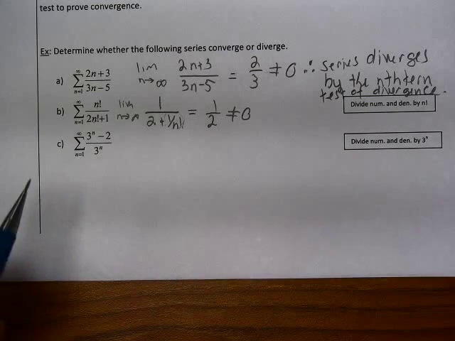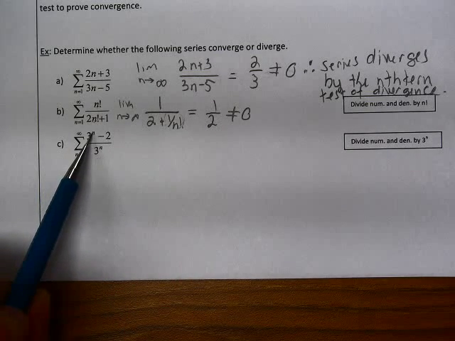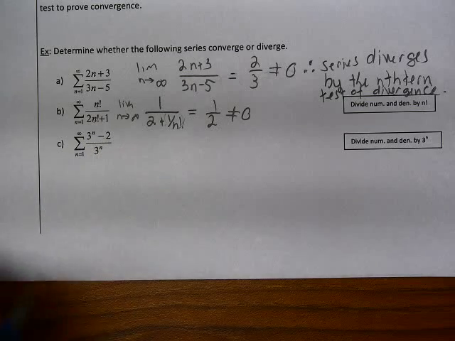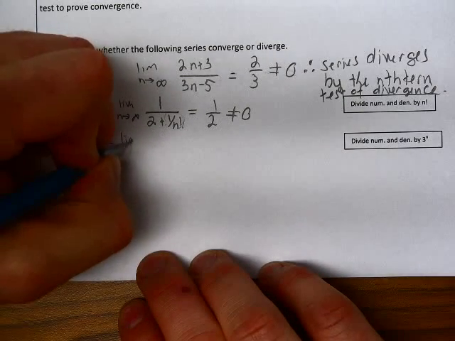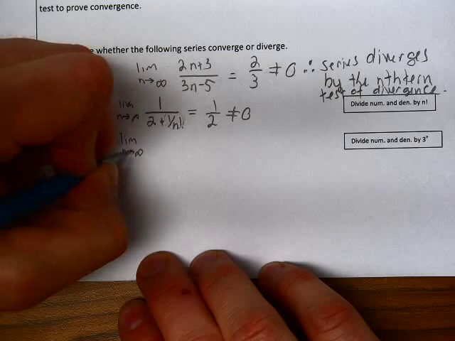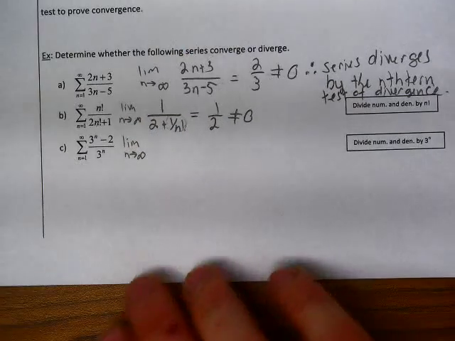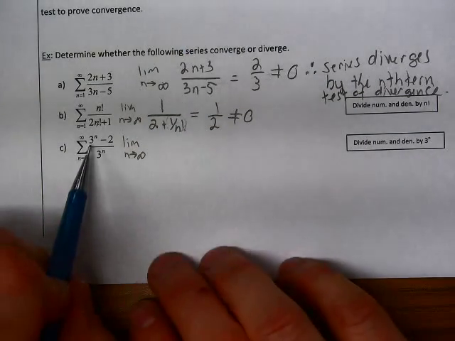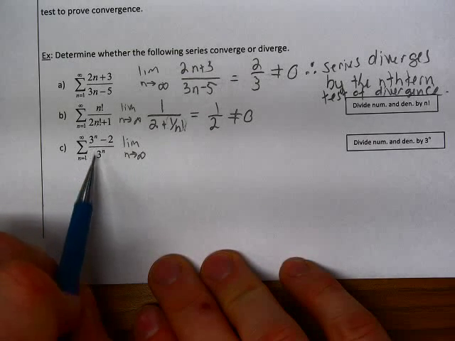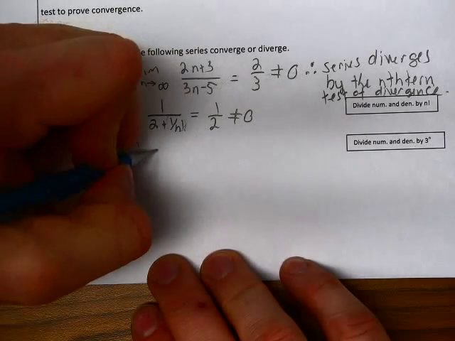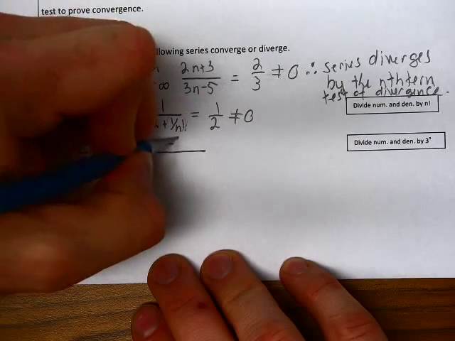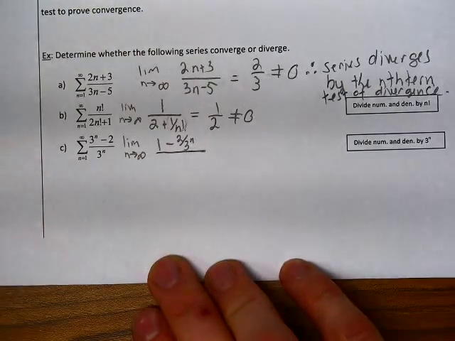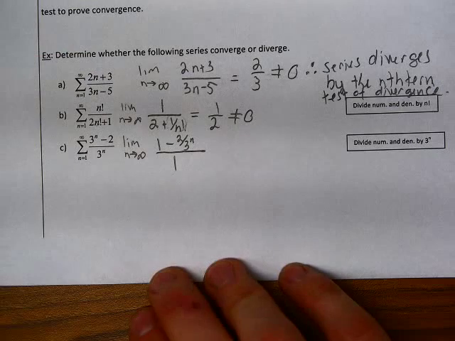The last example here is 3 to the n minus 2 over 3 to the n. So I'm going to take the limit of the nth term here. To solve this one, I'm going to divide both numerator and denominator by 3 to the n. So I'm going to get 1 minus 2 over 3 to the n over 1.